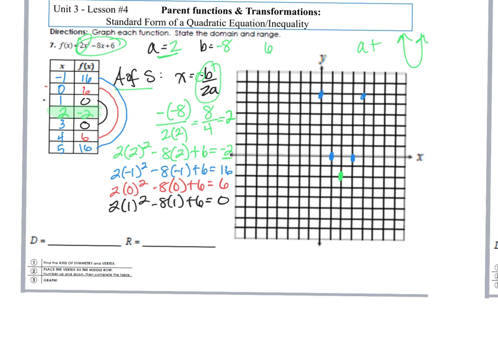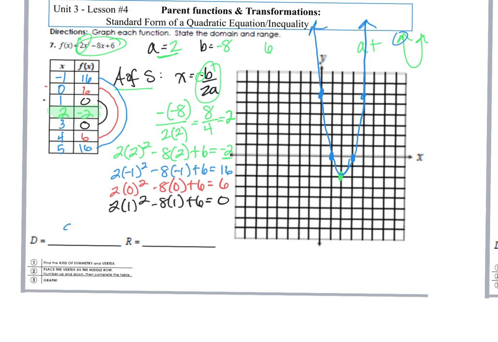And my next points are at a y value of 16, which I can't get to, but it is fairly skinny or vertically stretched, this graph. So here we go. My arrows are ending up just like I said that they should before. So there's my parabola. My quadratic is graphed, answering domain and range.